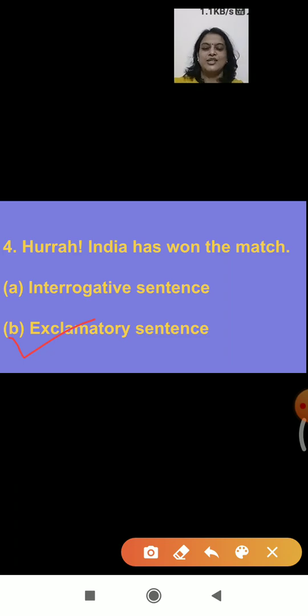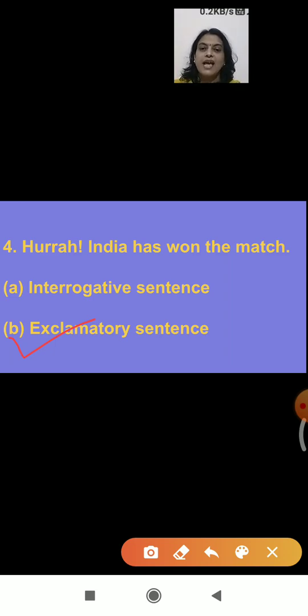Yeah. So in this way, whenever a question comes to classify the sentence, you have to just keep in mind the keywords, right? Whether it is advice, whether a question mark is there, or the exclamation mark is there, whether it is giving some information.